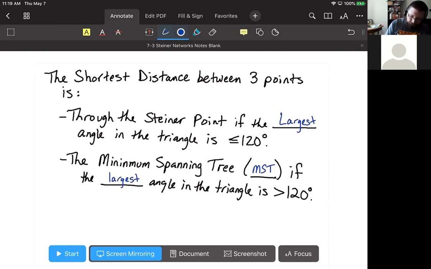We need to know the measure of the largest angle.